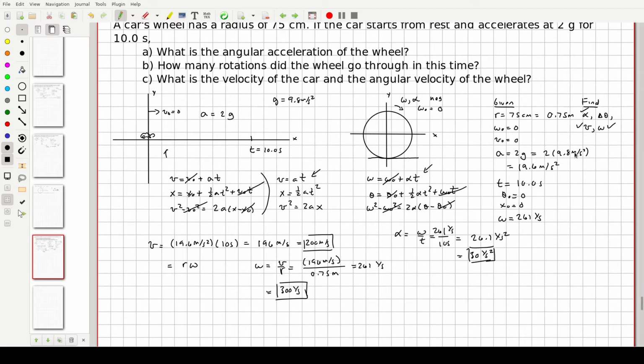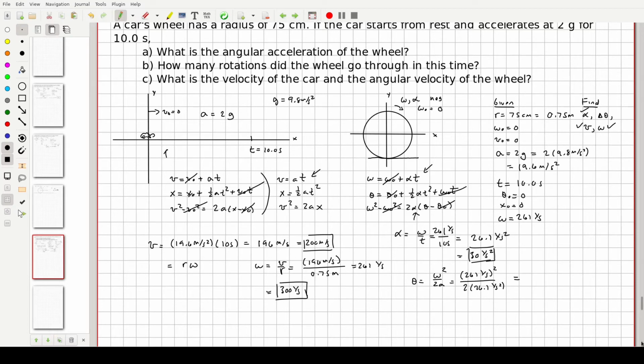Now we have delta theta. We've got a couple different ways we can find it. Let's use this, because since our initial position is 0, theta here is the same thing as delta theta. Theta would equal omega squared over 2 alpha. Omega is 261 radians per second, squared, over 2 times alpha. Alpha is 26.1 radians per second squared.